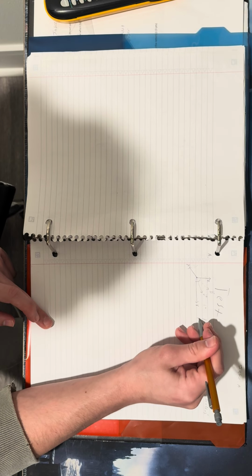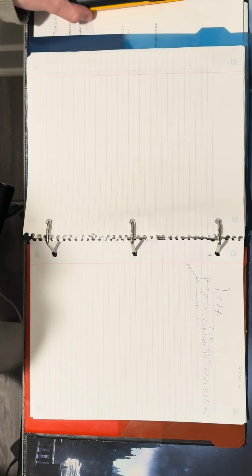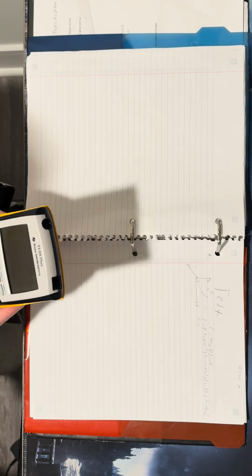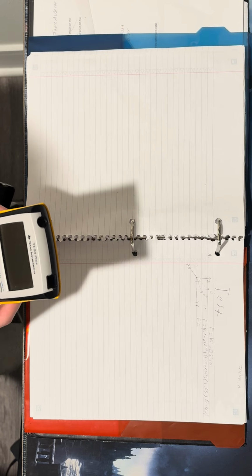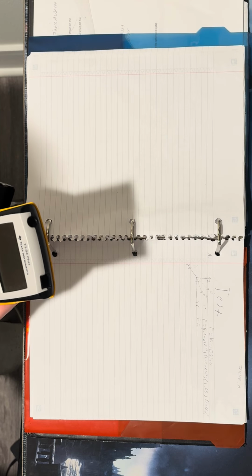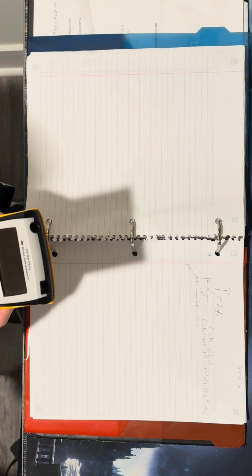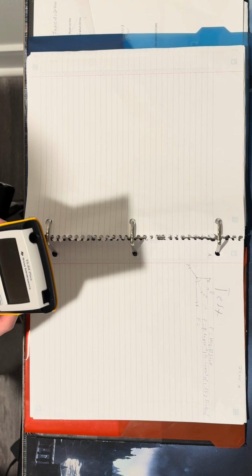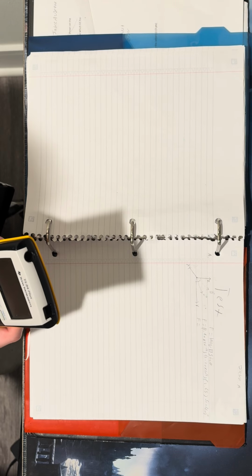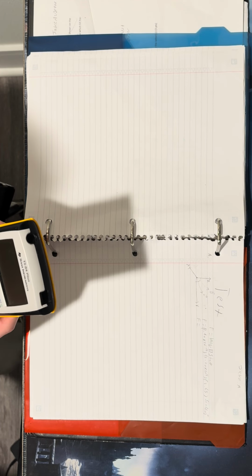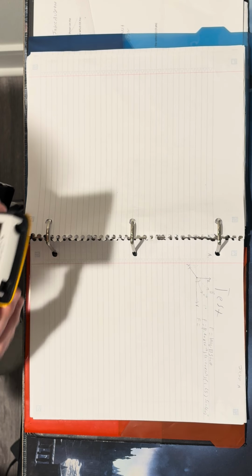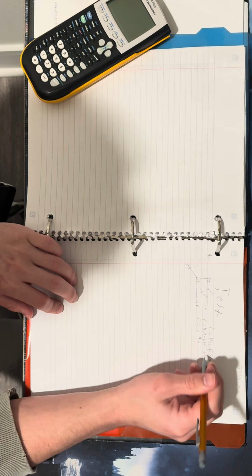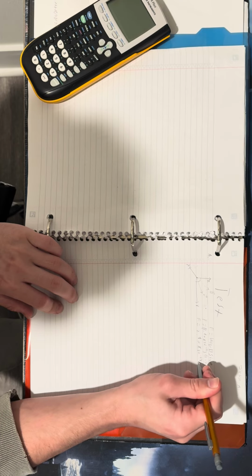I'm going to throw all that in the calculator now. That gives us 2.90 times 10 to the negative 14 newtons.